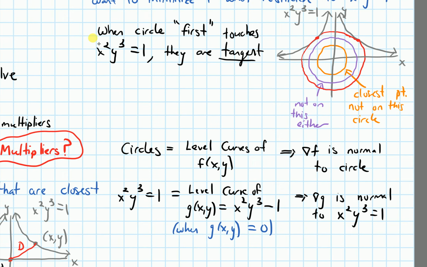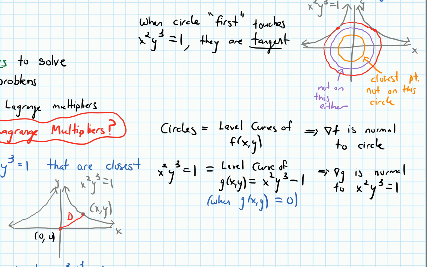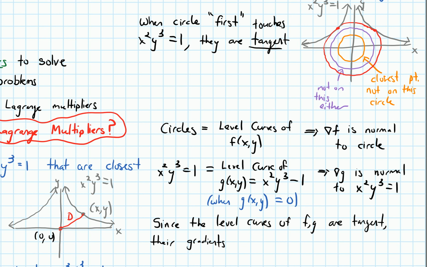So the conclusion from this is, since the level curves of f and g are tangent, this means that their gradients both point perpendicularly to the curves at this point of tangency. So because the curves have the same tangent line, it means their gradients, because they're both perpendicular to that tangent line, should be parallel.